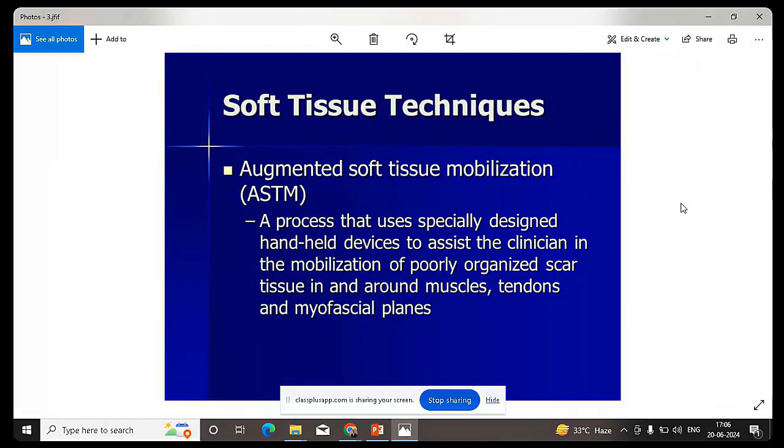Then there is also an augmented soft tissue mobilization technique that is also called instrument assisted soft tissue mobilization, that is IASTM. Just a minute, I will show you some instruments.